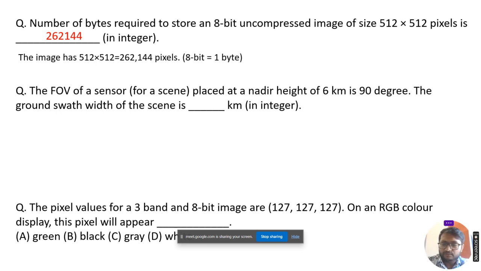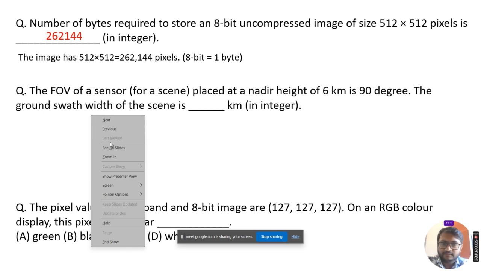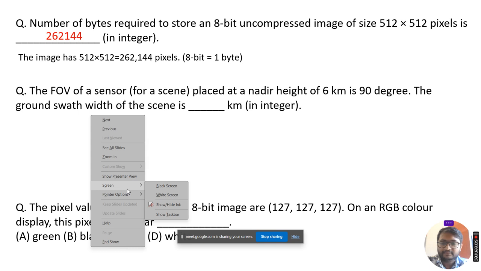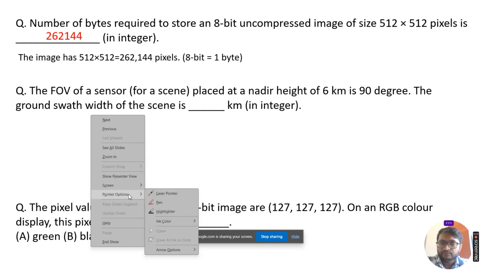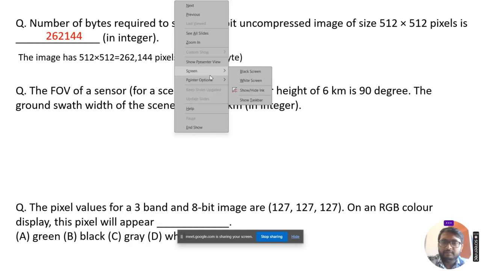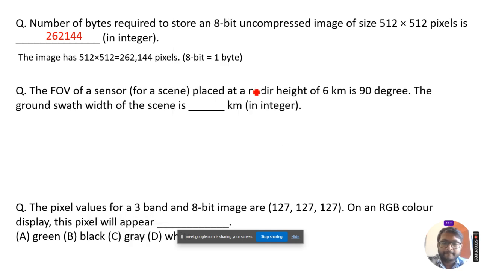The next question: the field of view of a sensor is given as 90 degrees and the nadir height is 6 kilometers. We have to find the ground swath of the image, particularly the width. Any idea how we will proceed? The height is given and 45 degrees will be the angle, and 2 times this will be the total.